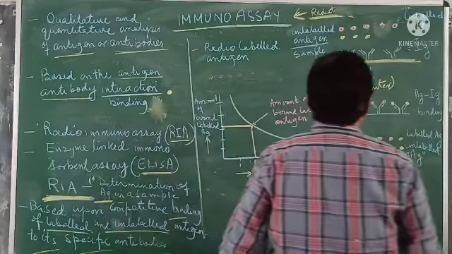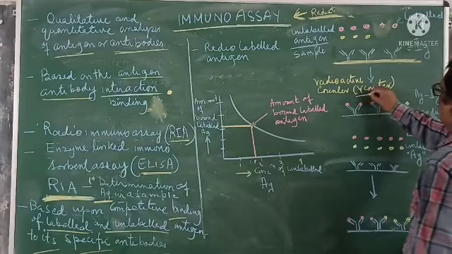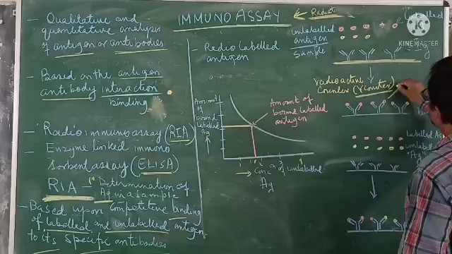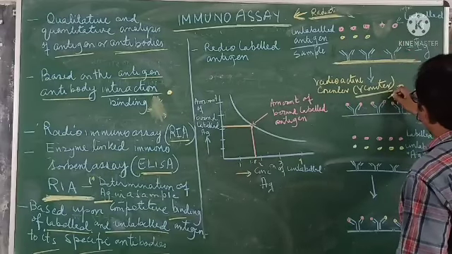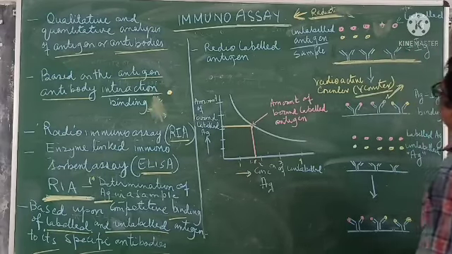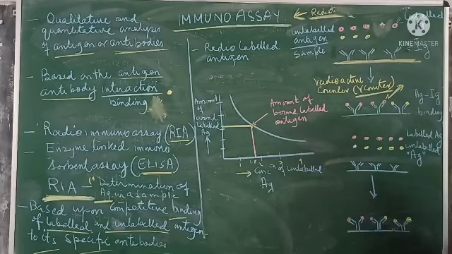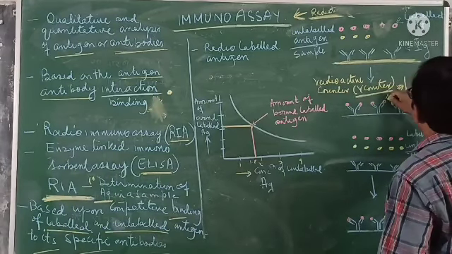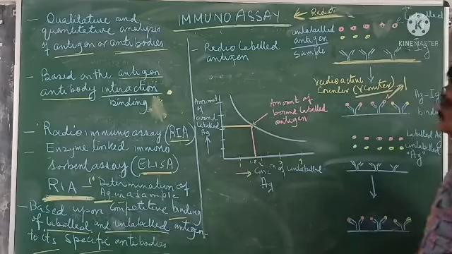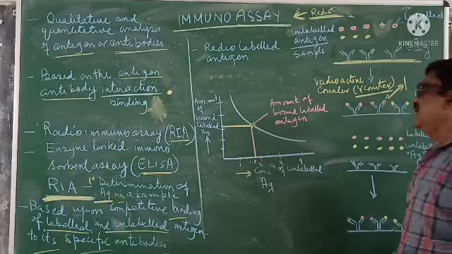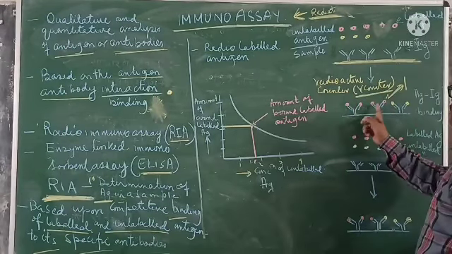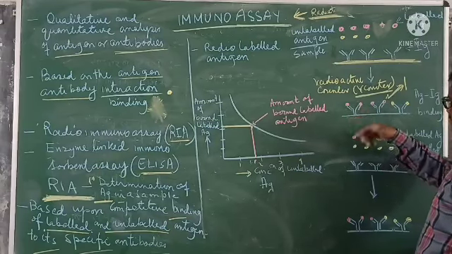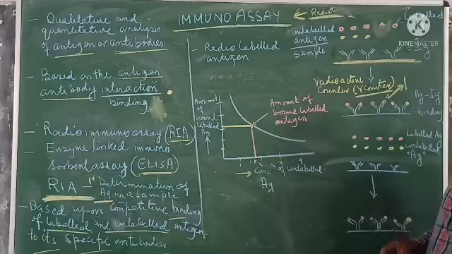With the help of the gamma counter, we can count the radiation coming out from the radioactive isotopes attached to these antigens. By estimation of their radiation, we can calculate the amount of antigen which is labeled and attached to these antibodies.